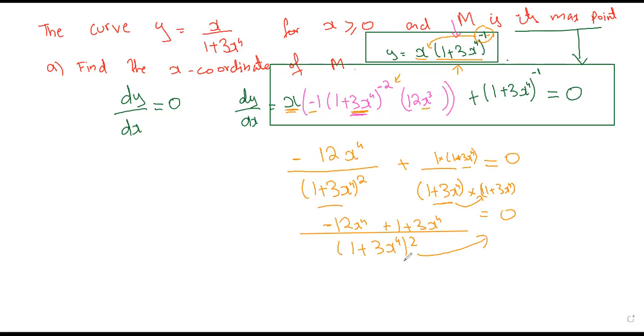This will vanish because we have 0 there. So I will have -12 plus 3 will make it -9 x to the 4 plus 1 equals 0. x to the 4 would be 1 by 9. Okay, so just check on your calculator. Your x will turn out to be 0.9577. This is the answer.